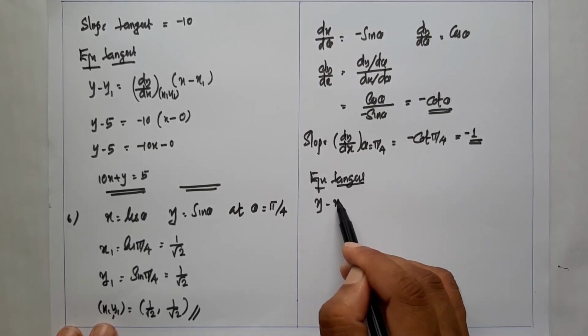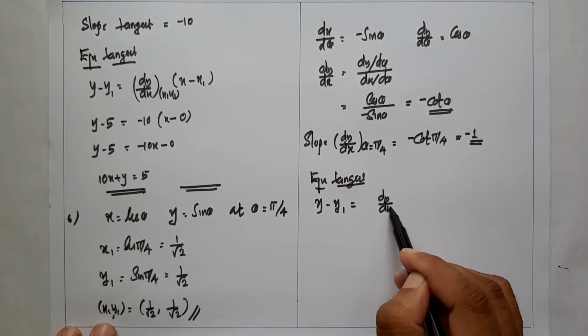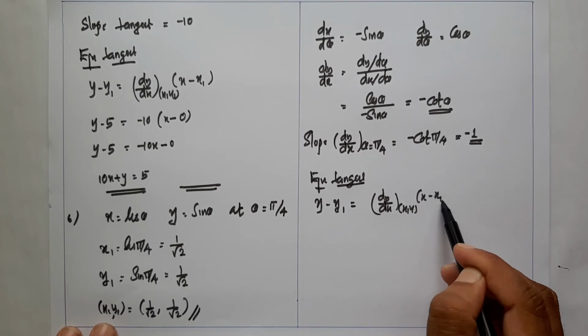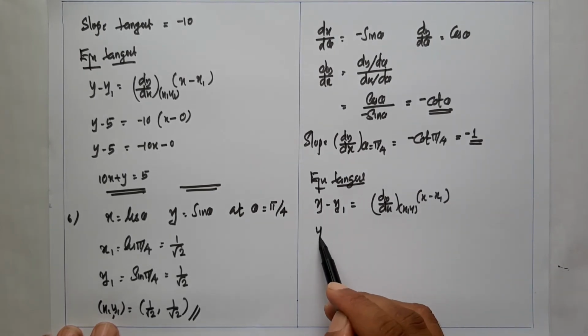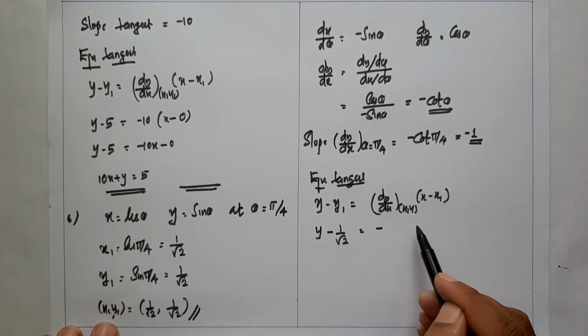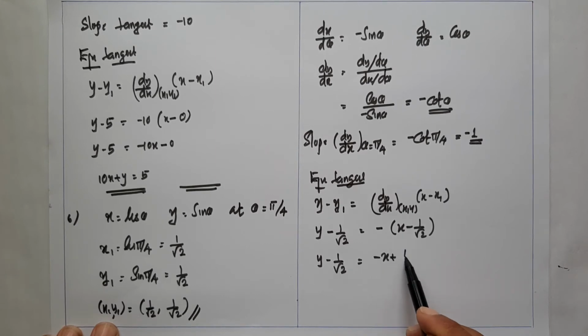That is y minus y1 is equal to dy by dx at x1, y1 into x minus x1. Here y1 corresponding value is 1 by root 2. Dy by dx at x1, y1 is minus 1 into x minus 1 by root 2. That is y minus 1 by root 2 is equal to minus x plus 1 by root 2.